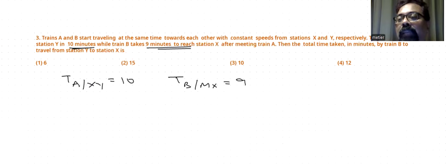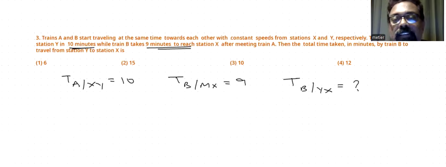What do we need? We need the total time taken by train B. Means we need the time taken by train B to cover the total distance YX. This is required, and options are there.